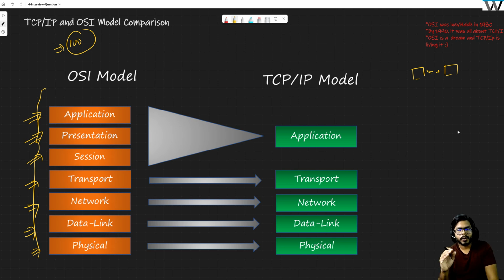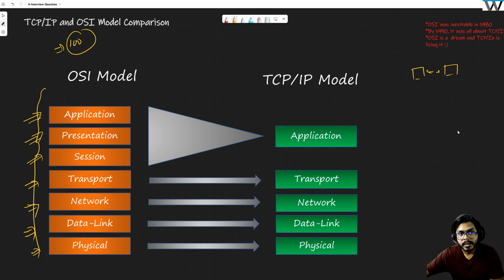So the whole point is there was a group of pretty intelligent people, right? They made a community and were busy solving this problem, and that's how they came across this OSI model, right? Pretty good, pretty neat.